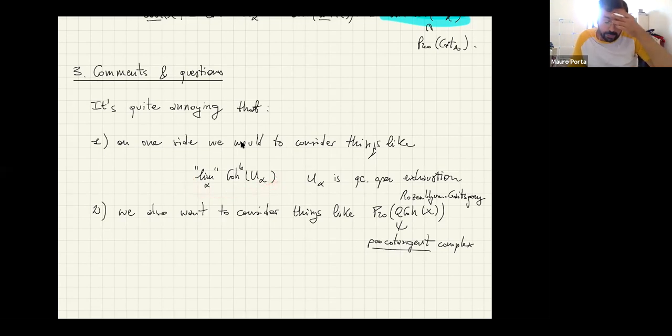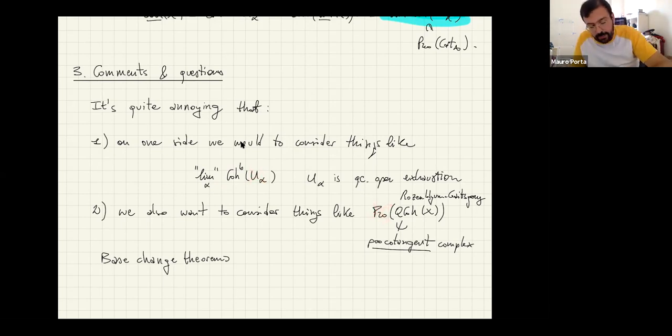So, for instance, we would like to have base change theorems, and both theorems in both settings are somehow consequences of the base change for the more natural object, Coh b on some quasi-compact guy, or in this case, suitably the pro.